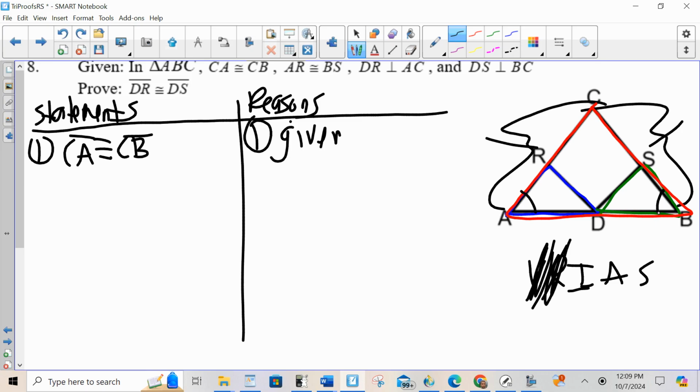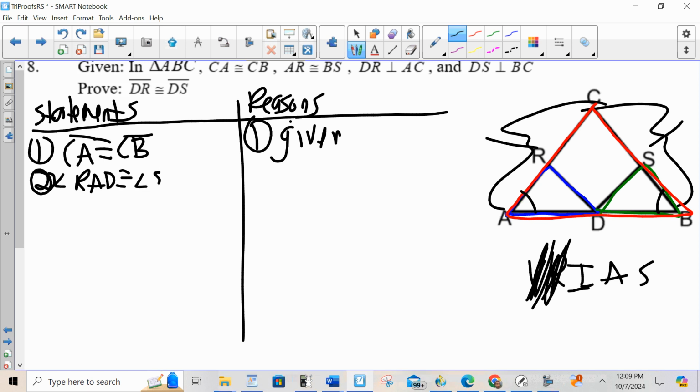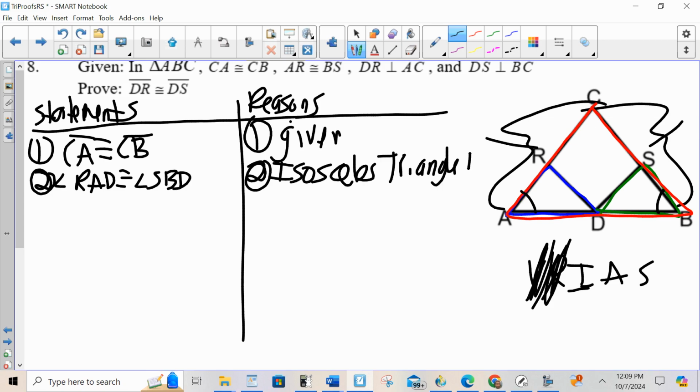And those are angles of the triangle I'm trying to prove. So I can state that angle RAD is congruent to angle SBD. I can say isosceles triangle theorem. Or I can say in a triangle, congruent angles are opposite congruent sides.